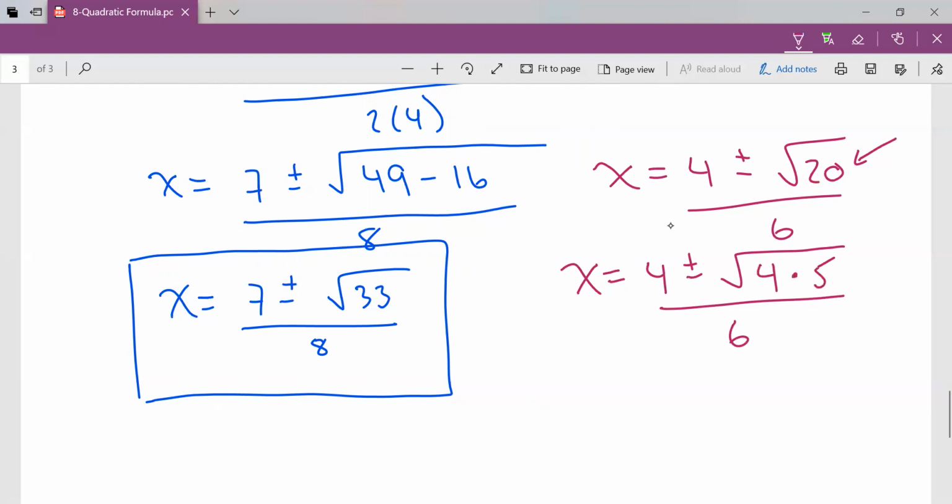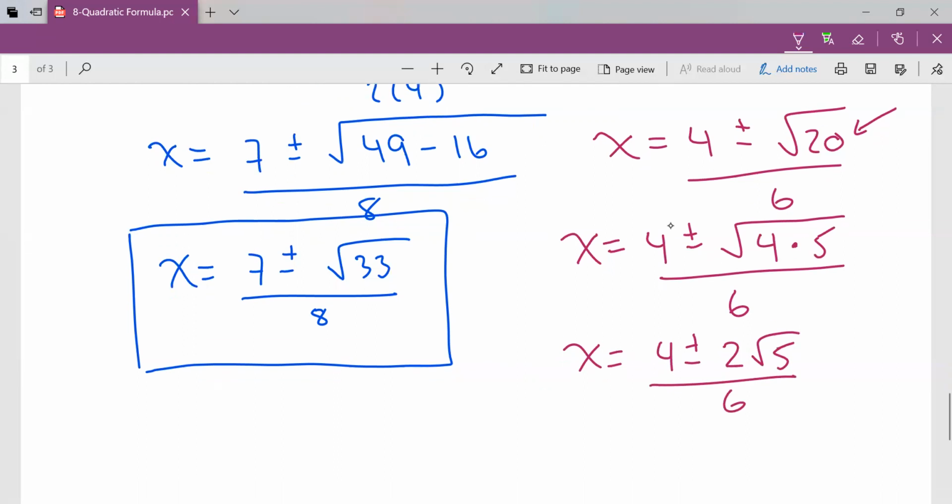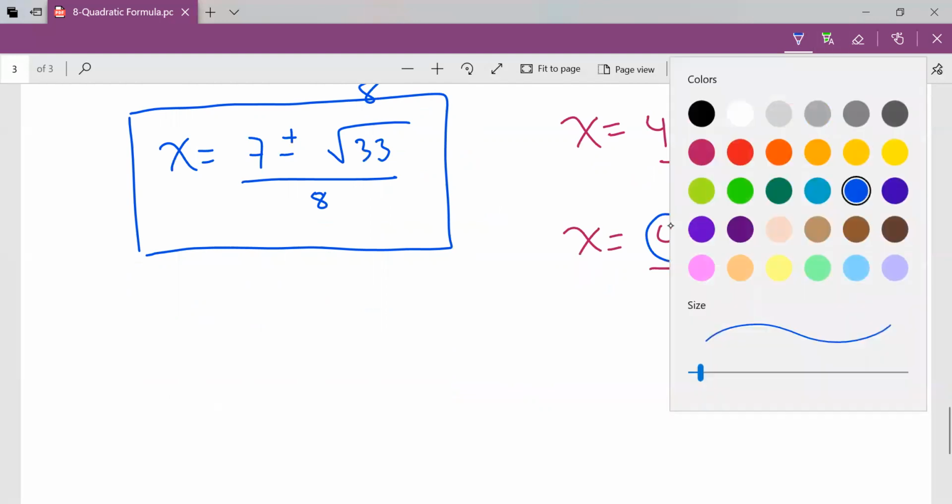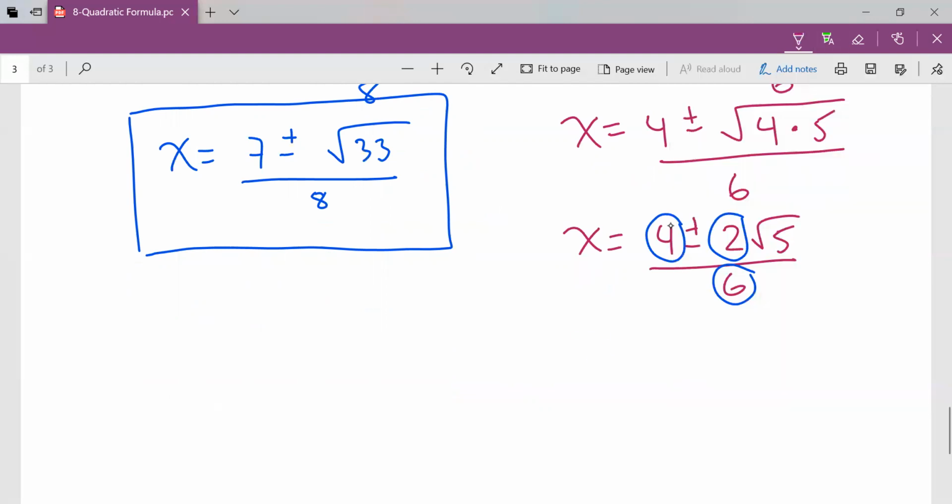So 4 times 5. Then I say, okay, the square root of 4 is 2. So that becomes the coefficient of our radical, just like that. And then what we're able to do is, because 2 is a factor of all 3 of these, now we can simplify. So divide them all by 2, and you would have that.